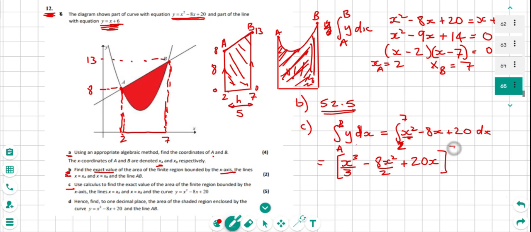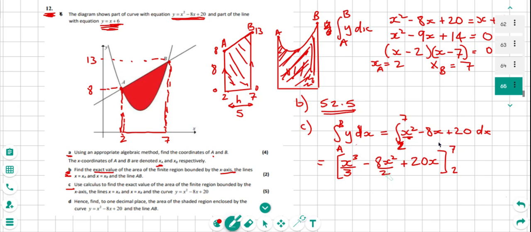And then you write the limits here. So 7 and 2. So it's just a case of substituting the value 7 into this expression, and then working out the value of that, and then substituting the value of 2 into this expression, working out the value of that, and then subtracting the second one from the first one, and that gives you the area under the curve.